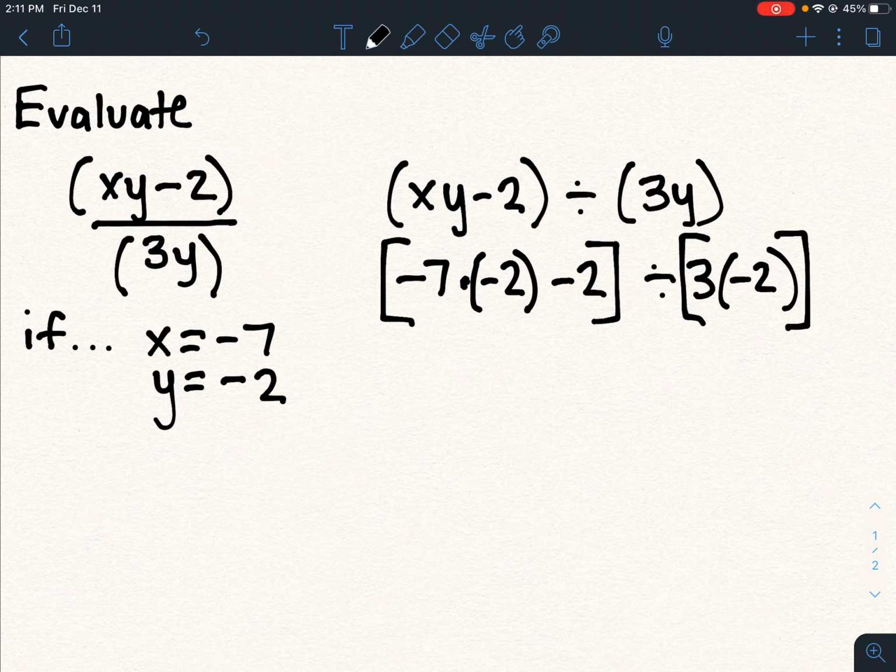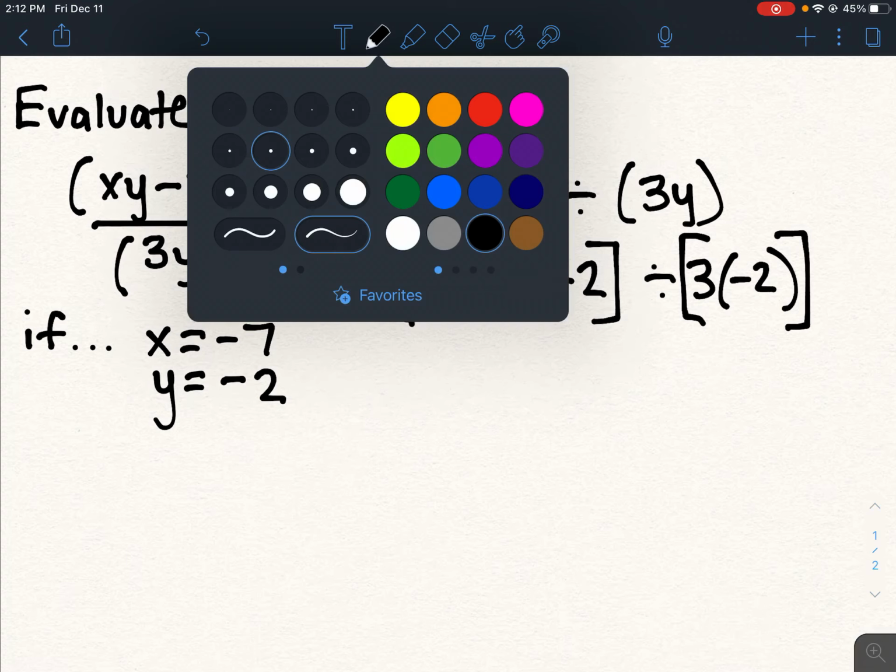Looks complicated, but it's really not. So all I did here was make sure that my negative numbers were in parentheses to separate them from any other operation, and then instead of parentheses on the outer edges of my problem, I used brackets.